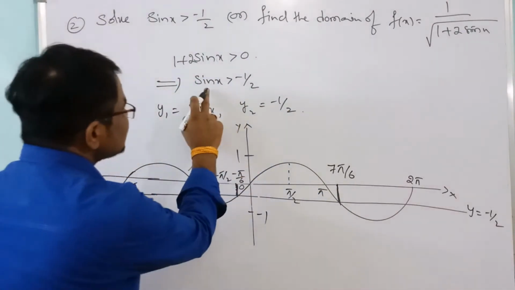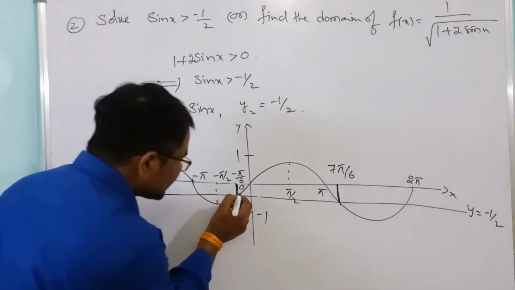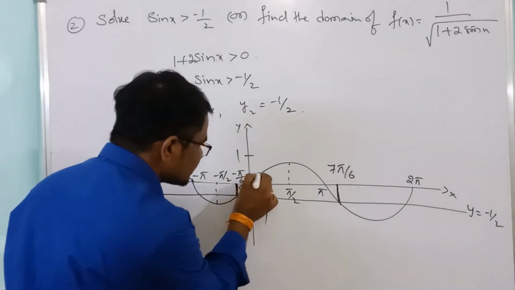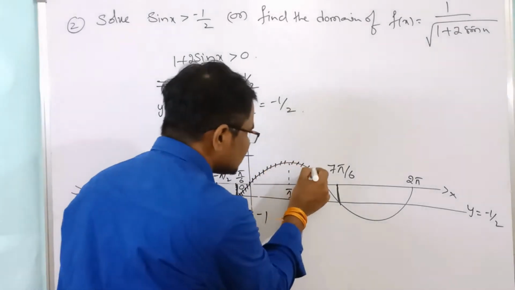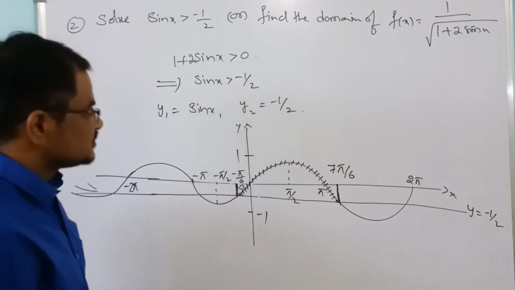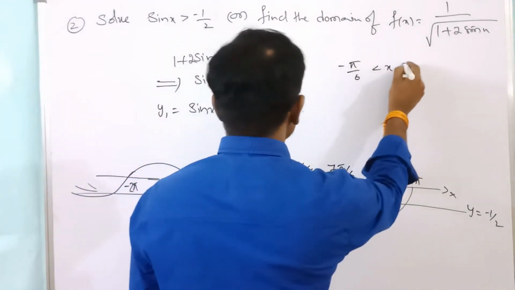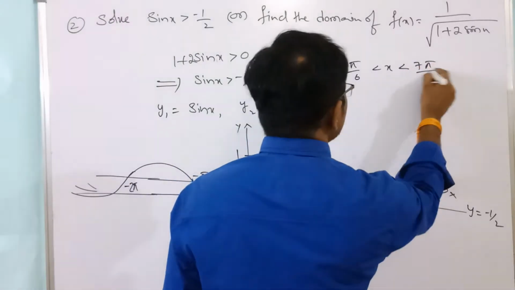Okay, now sin x greater than minus 1 by 2 solutions you want. These are the points greater than minus 1 by 2. So here minus pi by 6 less than x less than 7 pi by 6.